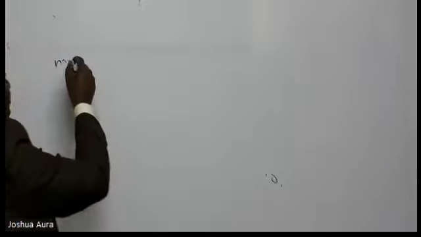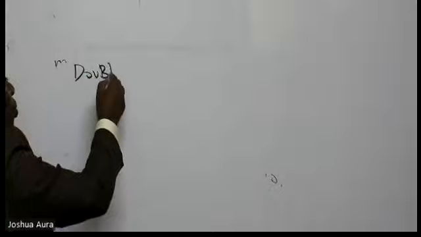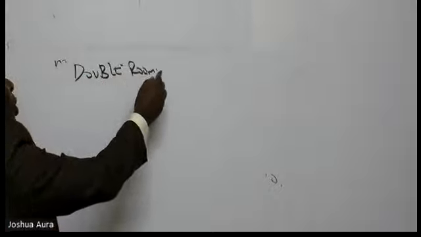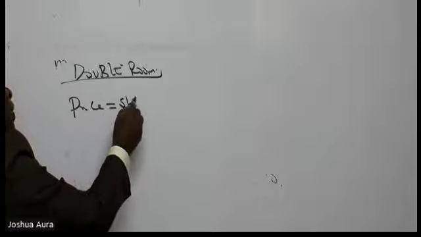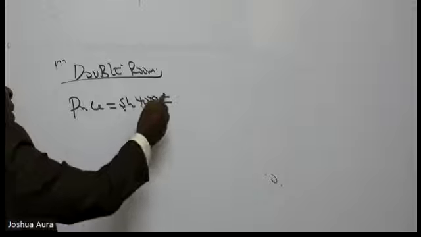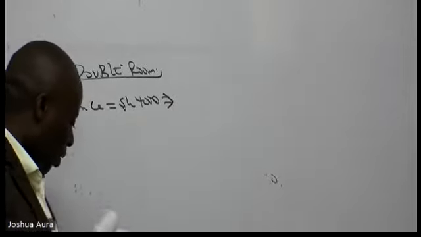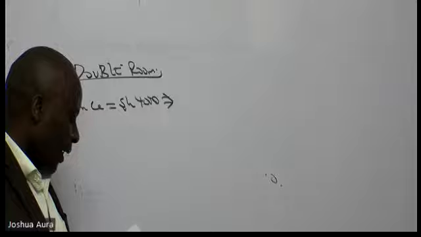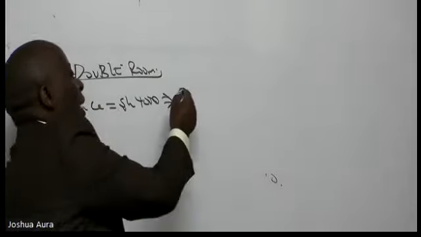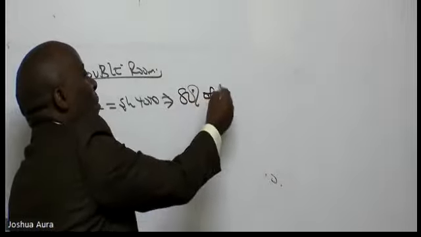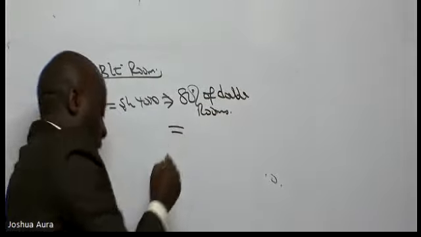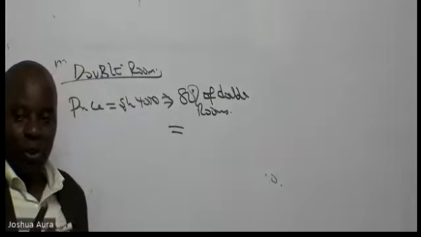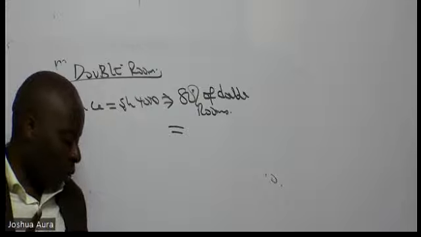Now here, they are talking about double rooms. They've told us that when we charge a price of shillings 4,000, we shall get an 80% occupancy. 80% of double rooms will be full. If we charge 4,000, look at note number 3.